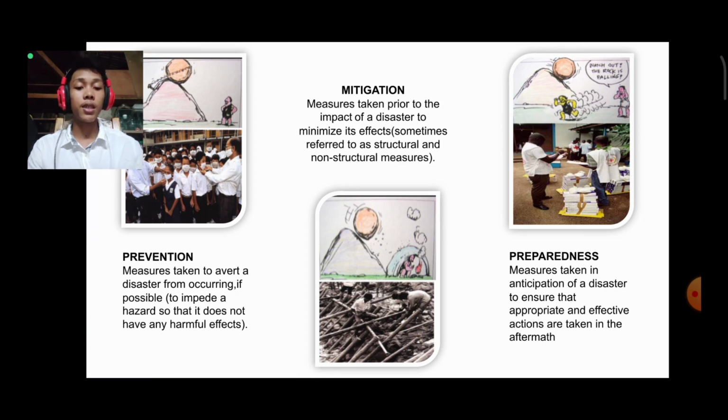It consists of a set of measures undertaken in advance by government, organization, communities, or individuals to better respond and cope with the immediate aftermath of a disaster. So another example is nag-a-advance po yung mga government, organization at communities na kung anong mga gagawin natin bago mangyari ang sakuna, bago mangyari ang disaster, no?